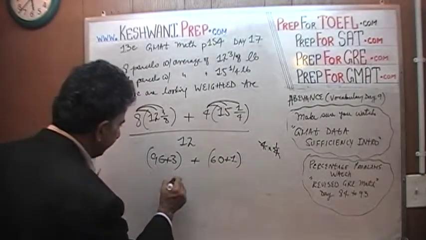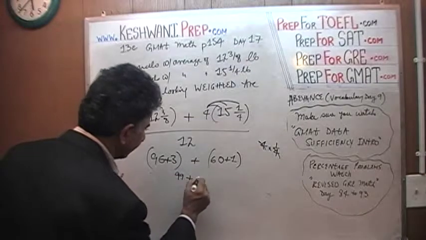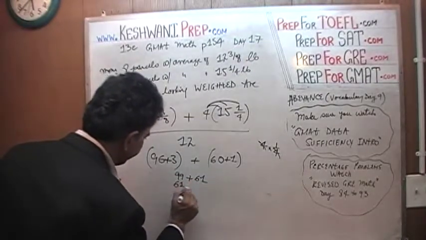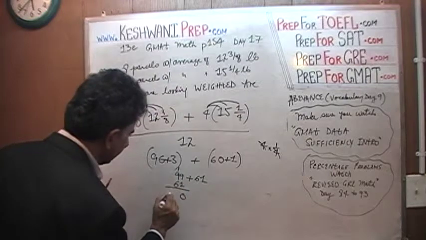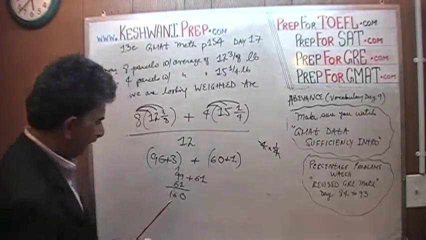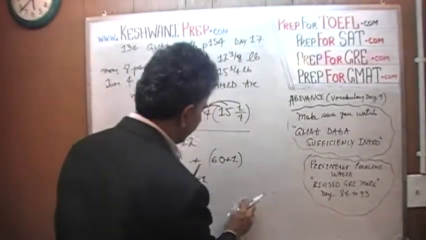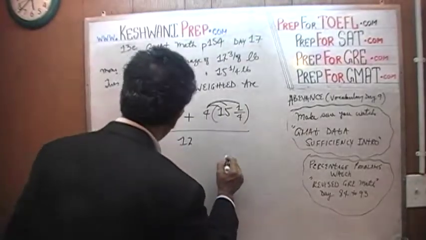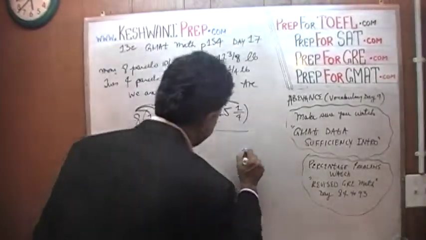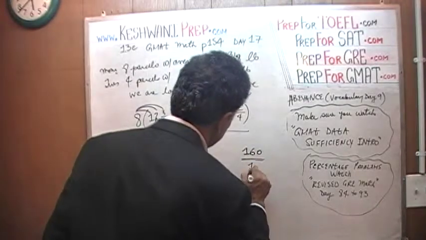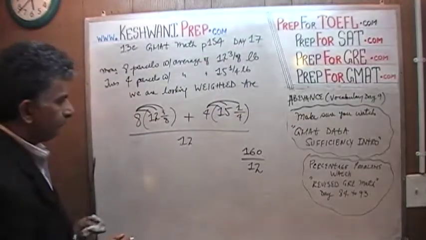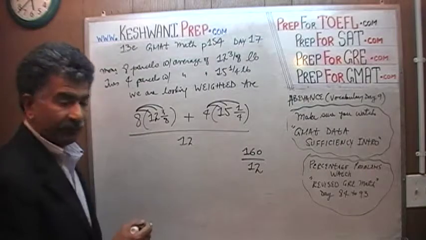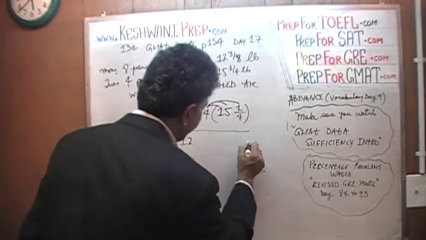So it's 99 plus 61, carry 1, 160. So it's 160 divided by 12. Let's do it here. 160 divided by 12. How many 12s in a 16? 16 has 1 12.